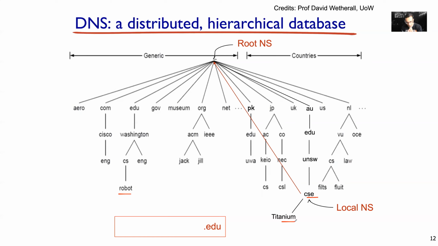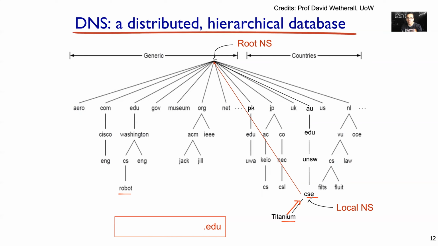Let's say my machine is called Titanium. For now, just ignore what this means. This is effectively an entity which will be sending out the query for me, right? So let's say I'm trying to access this website. My machine sends a DNS query to this local name server.